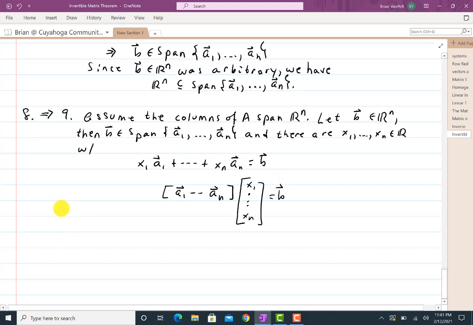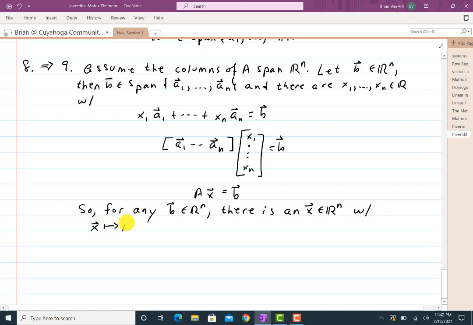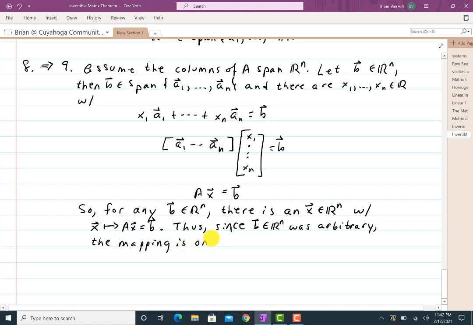That equals B. And we have AX equals B. So for any B in Rn, there is an X in Rn with X going to AX, which equals B. Thus, since B in Rn was arbitrary, the mapping is onto.